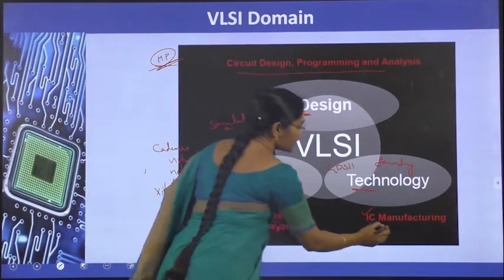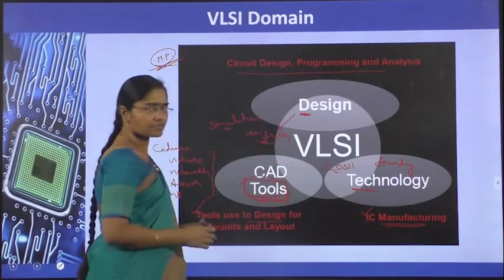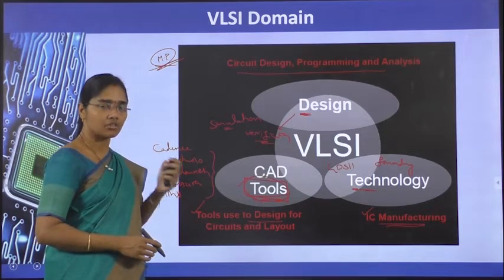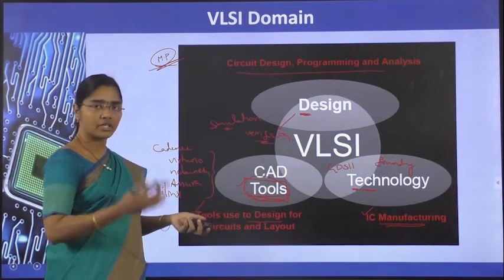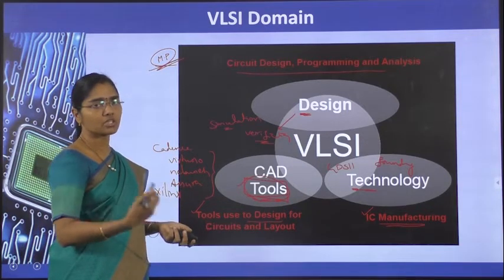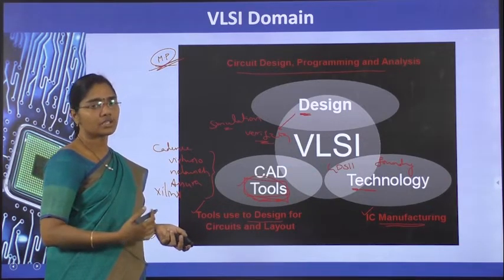Then in the manufacturing industry also there is scope for development and improvement, that is technology-wise, reducing the technology from 180 nanometer to 90 or to 3 nanometer and so on.